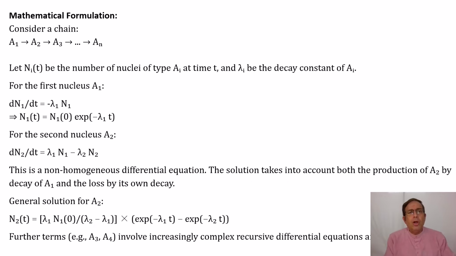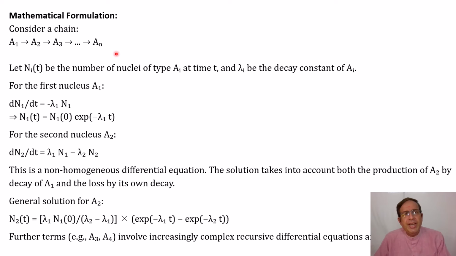So now we talk about the mathematical formulation. Consider a chain in which a nucleus A1 converts into a nucleus A2, and then A2 further converts into A3, and so on successively, and finally we get An, which is the final nucleus. Let Ni(t) be the number of nuclei of type Ai.